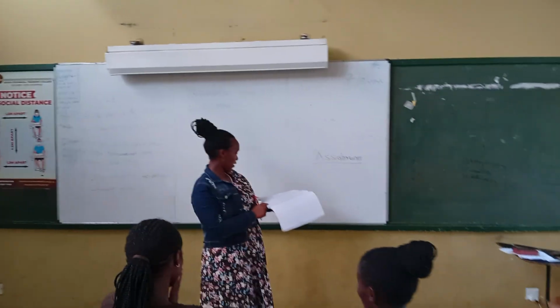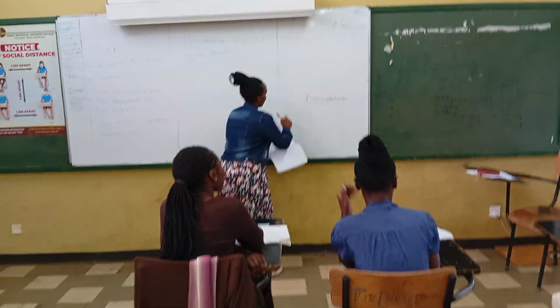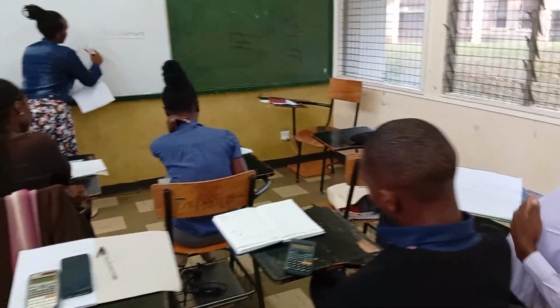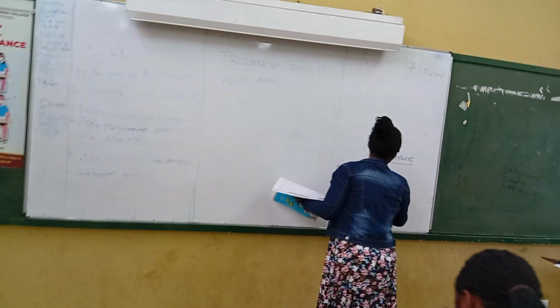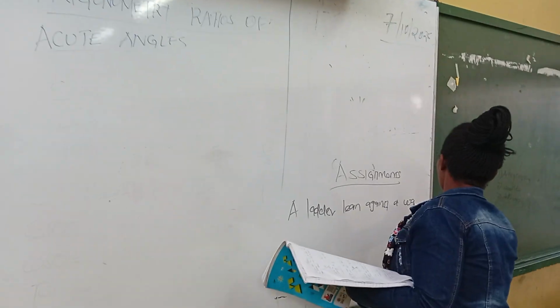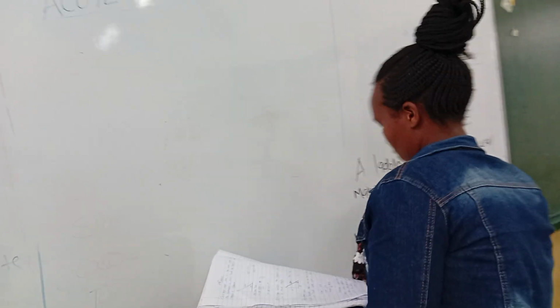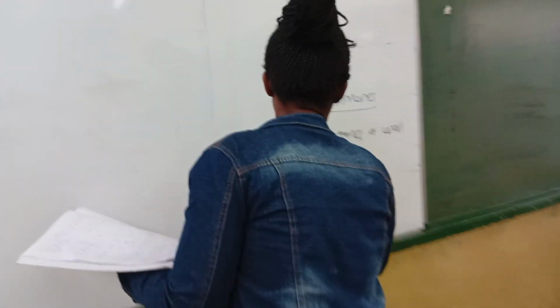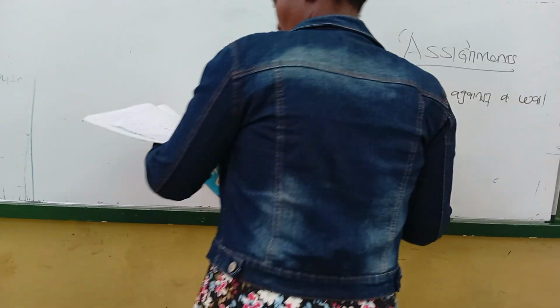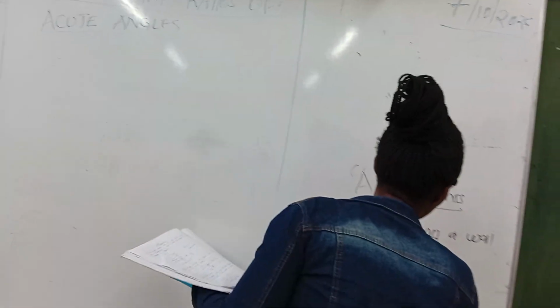So on our assignment, we are going to deal with real life application. We have a ladder. A ladder against the wall, making a 60 degrees angle with the ground.